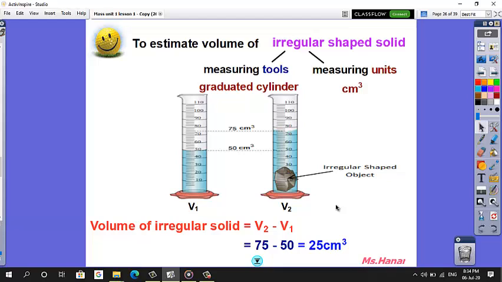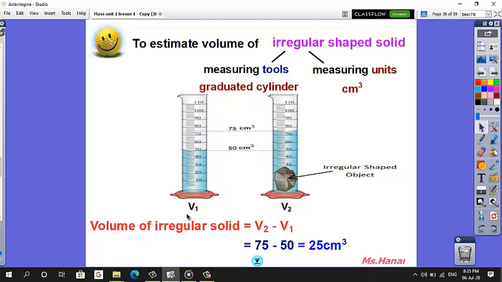But what is this? Graduated cylinder again? Yes, we use a graduated cylinder to measure the volume of an irregular solid such as this stone. We put an amount of water in the graduated cylinder, record the reading of the volume and name it V1.